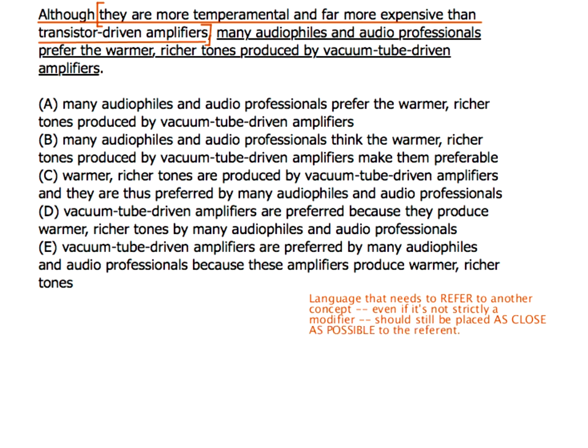So there is a reference here. Grammatically speaking, it's not strictly a modifier because it's not a piece of a sentence. It actually has a subject and verb and is a complete sentence linked by although. But what is more temperamental and far more expensive than transistor-driven amplifiers?